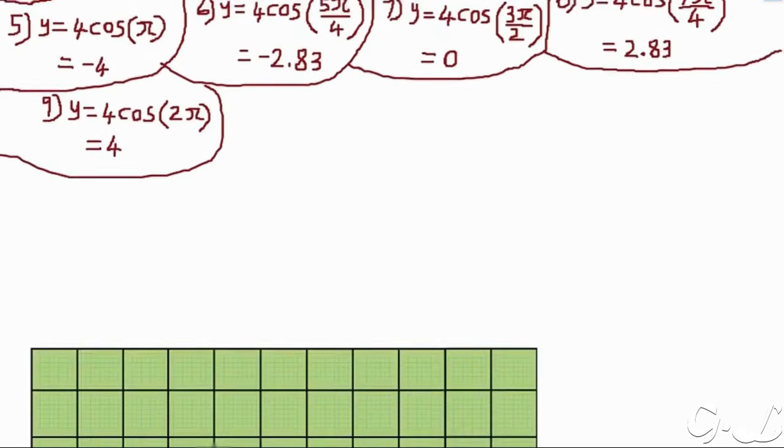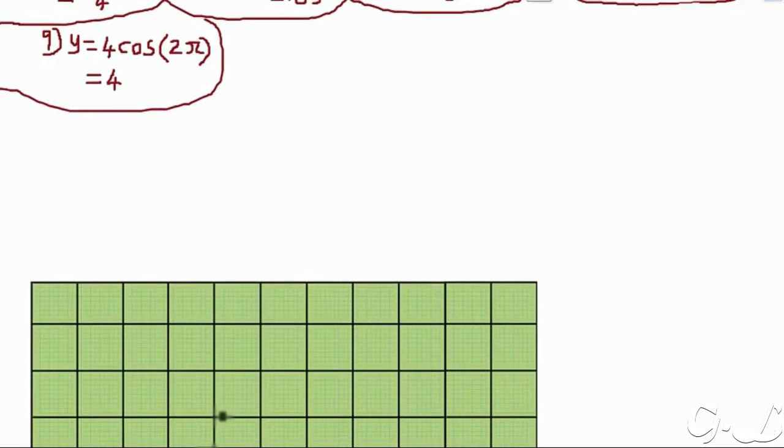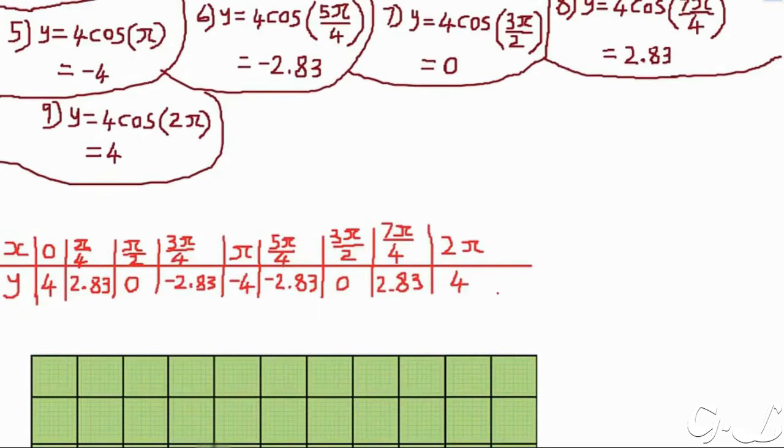So here it is now. What we need to do is get those coordinates.